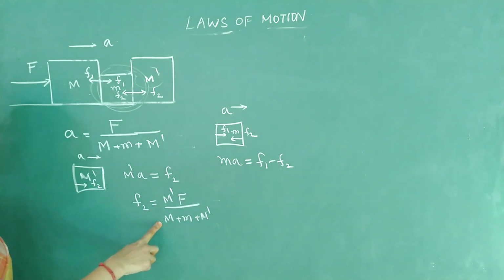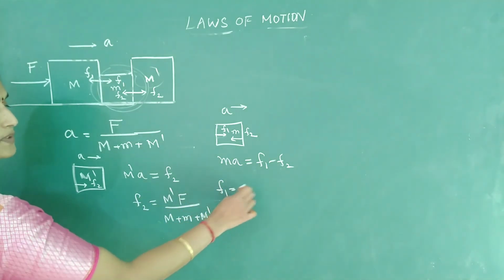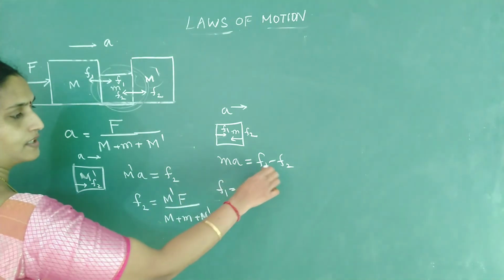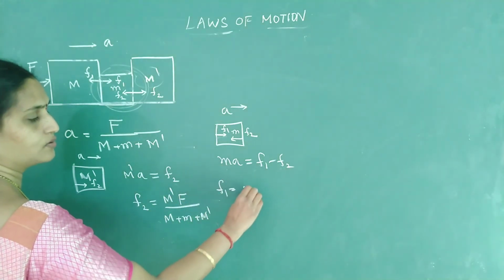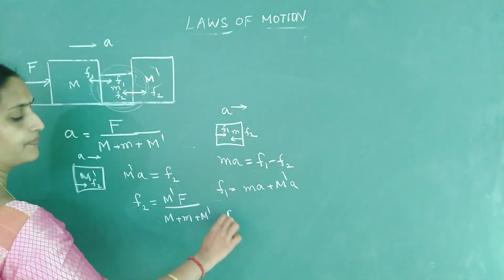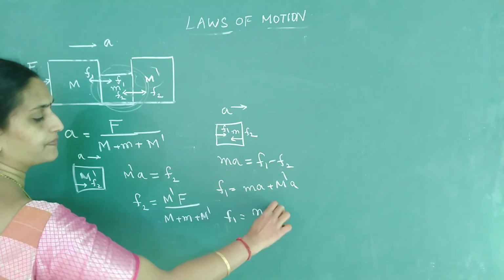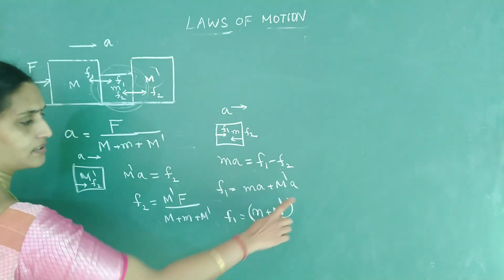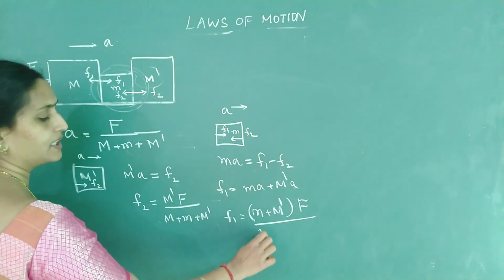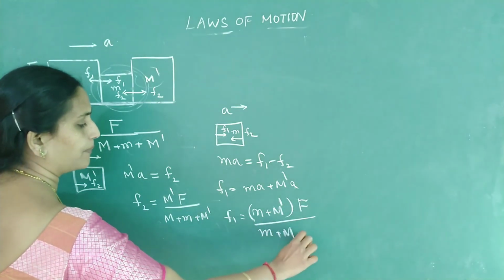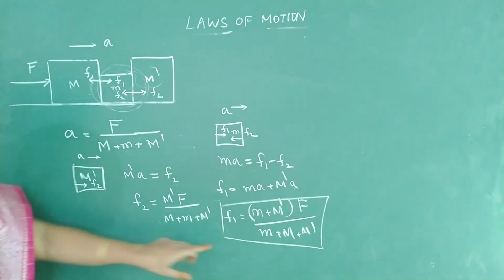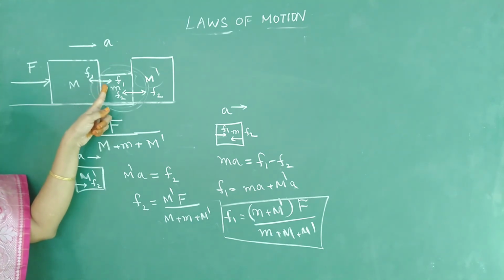F2 we already know. Can you find the value of F1? What is F1 equal to? See, F2 is m dash into A. So F1 is equal to ma plus m dash A, or F1 comes out to be m plus m dash into acceleration. We already know the acceleration. It is F by m plus capital M plus m dash. This will give you the contact force F1.